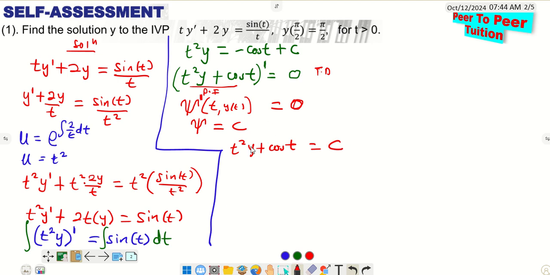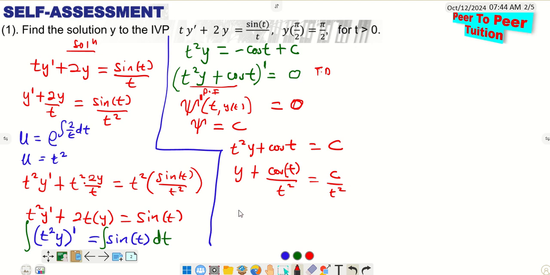Then I can divide through by t squared. I'll get y plus cos t over t squared, where this t is the angle, equal to c over t squared.